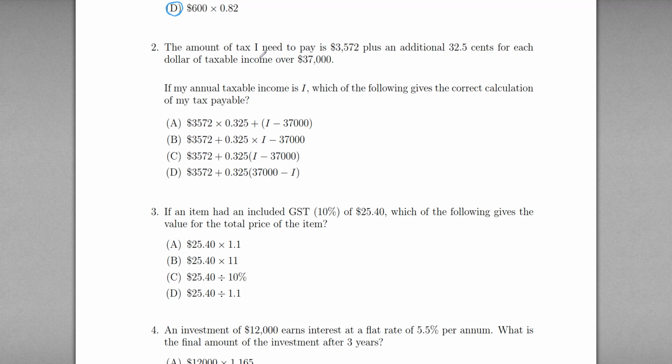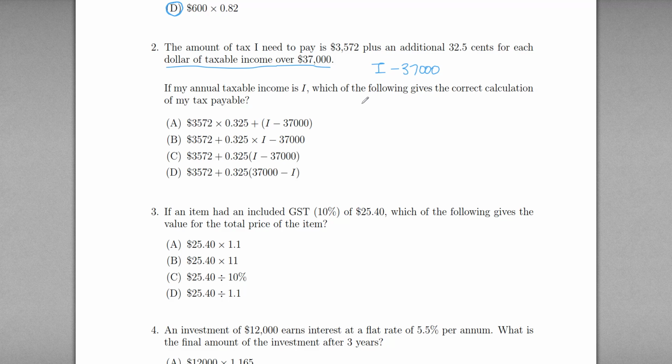But the question assumes that my income is over 37,000. And so if I'm trying to see how much over 37,000 I've got, so for each dollar of taxable income over 37,000, that's gonna be I minus 37,000. Okay, so if I'm earning 40k, then it'll be 40k minus 37k, so it'll be 3,000, right?